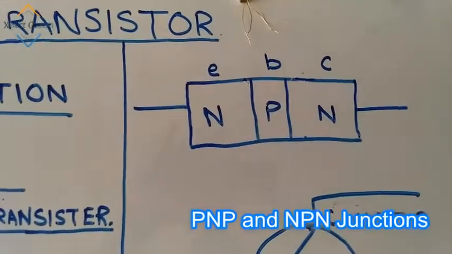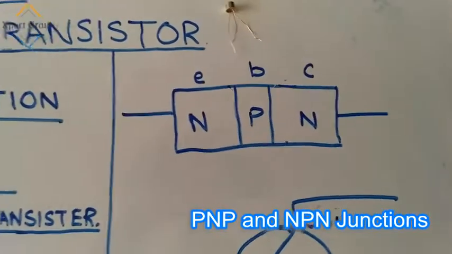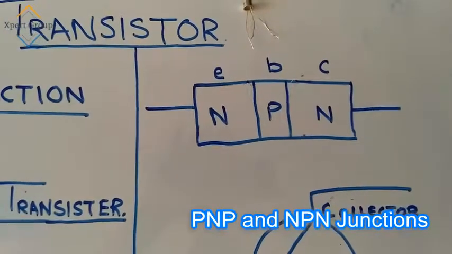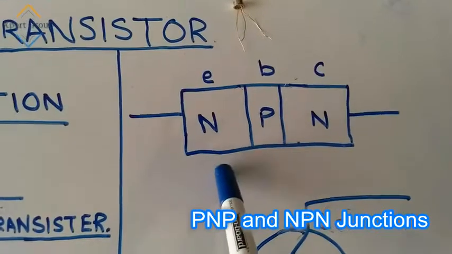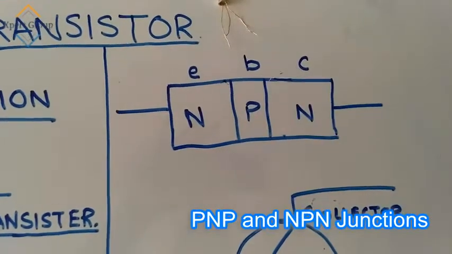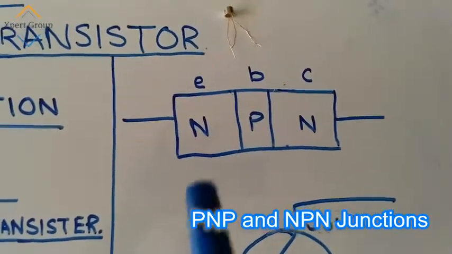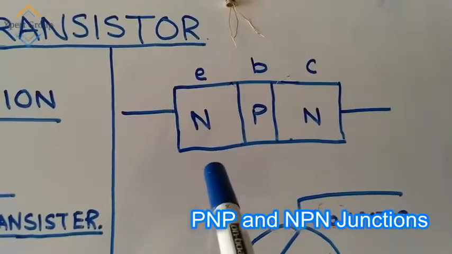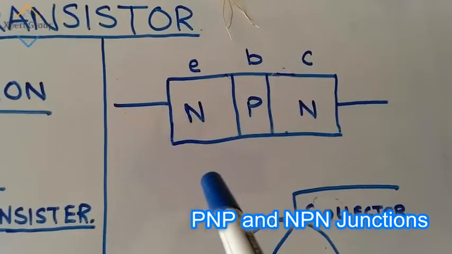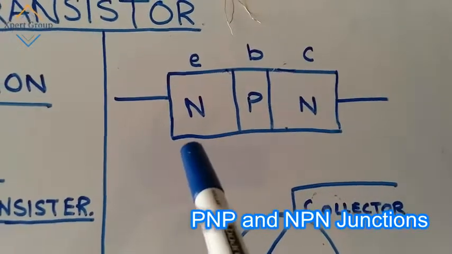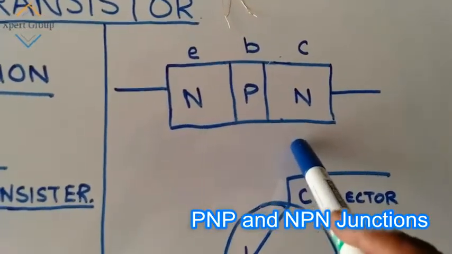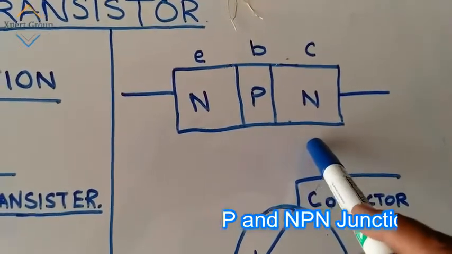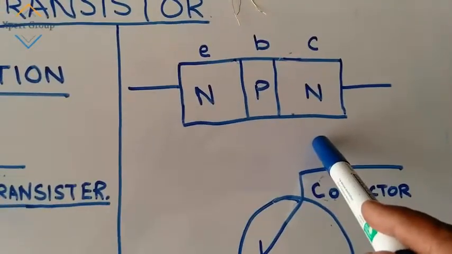Now we will go to the construction and the doping of these materials. Gentlemen, the emitter of the transistor is moderately doped with group 5 and can be a silicon or germanium slice. The collector of the transistor is heavily doped with group 5.